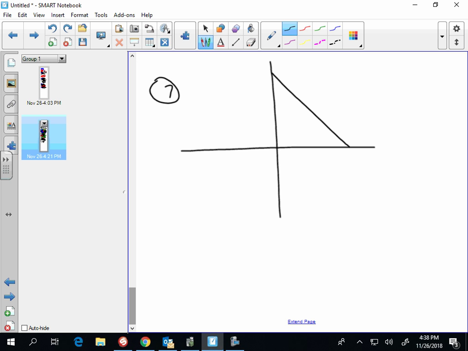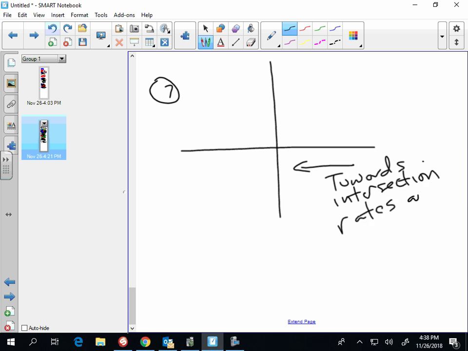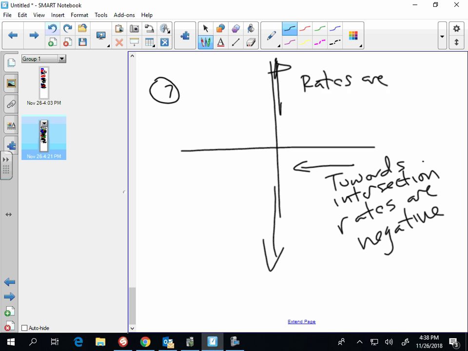And one thing that's true for every single intersection problem is when we're heading towards the intersection, rates are negative. And when we're heading away from the intersection, doesn't matter which direction, when we're headed away from the intersection, rates are positive.